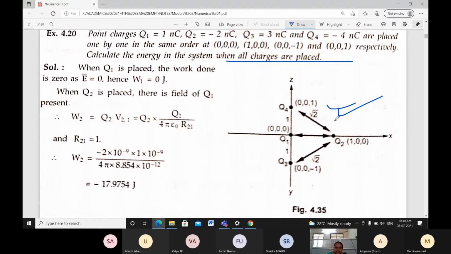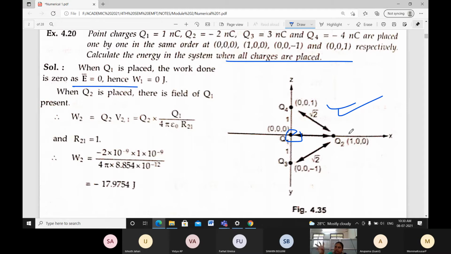And what next? When Q1 is placed at the origin, the work done is 0, because it does not require any energy, since the point charge does not have to be moved from somewhere to the origin. That's why the work done is going to be 0. Therefore, the electric field intensity is also 0.